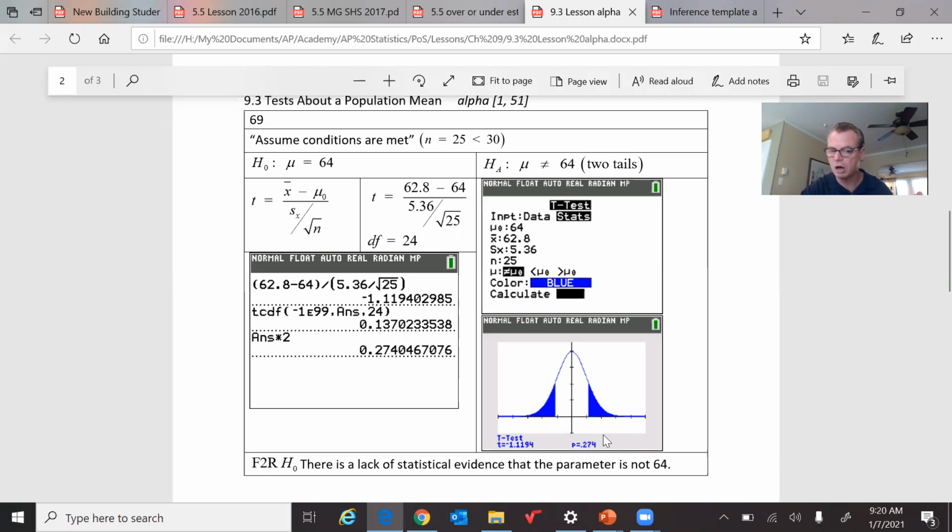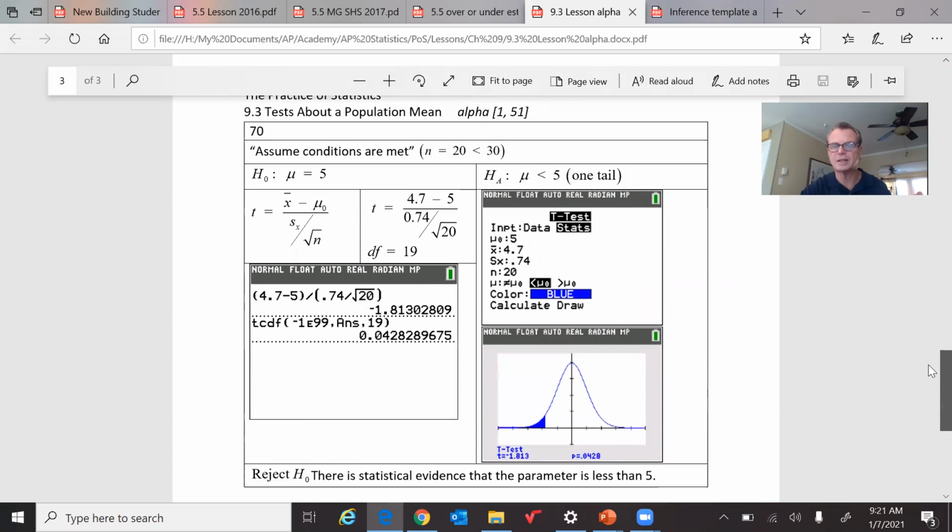Fail to reject the null. There's a lack of evidence that the parameter is not 64. Well, I didn't know how to do this on the t-test. That's fine. You would just do it this way. This is the shortcut. There's nothing to that. You have to understand what the value of the test statistic is.